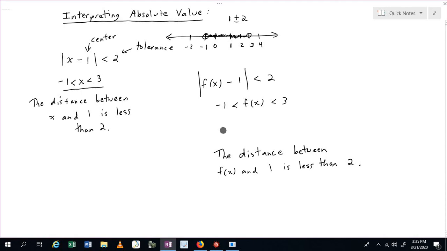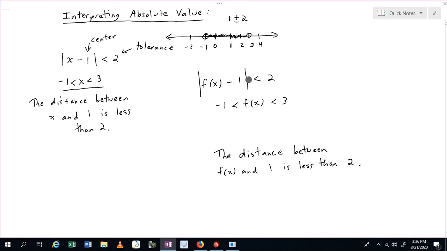Now, when we get to section 2.7, we're also going to see absolute values written like this, where we have f of x inside of here. But the same interpretations hold. If you want the absolute value of f of x minus 1 to be less than 2, then f of x would have to be trapped between negative 1 and 3, just like it would here.